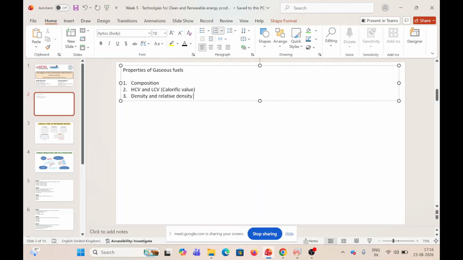So density and relative density, when we say that, we basically compare the density of the gaseous fuel to the density of air.